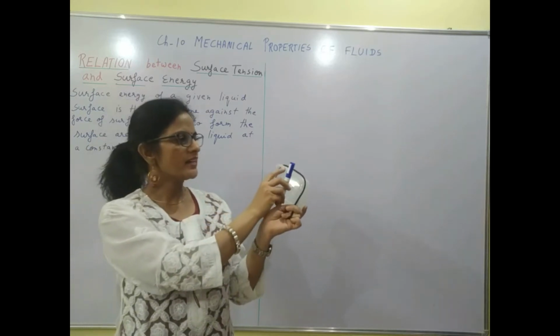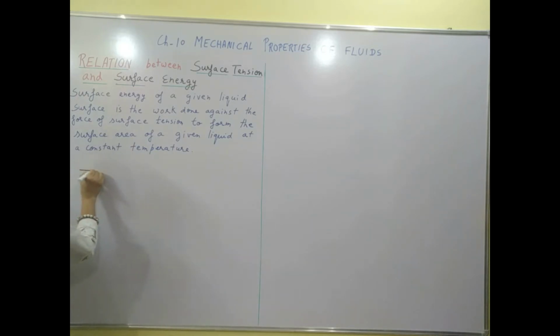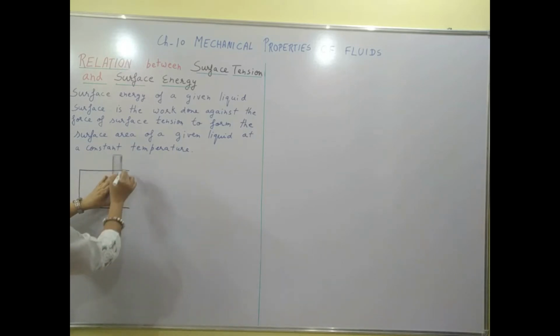If I consider that l is the length of this movable arm, I'm drawing a diagram on the board to show this position. This is your wire loop and the fourth arm is considered movable. This length of the movable arm is small l.